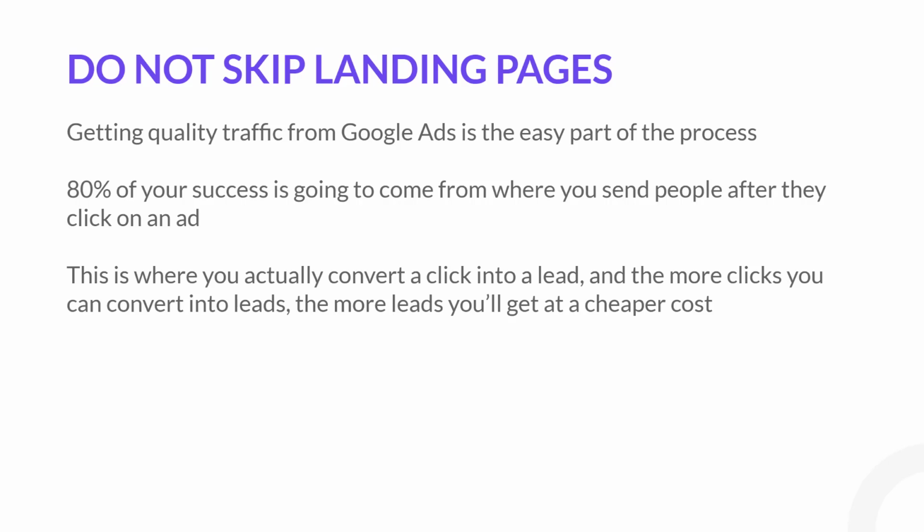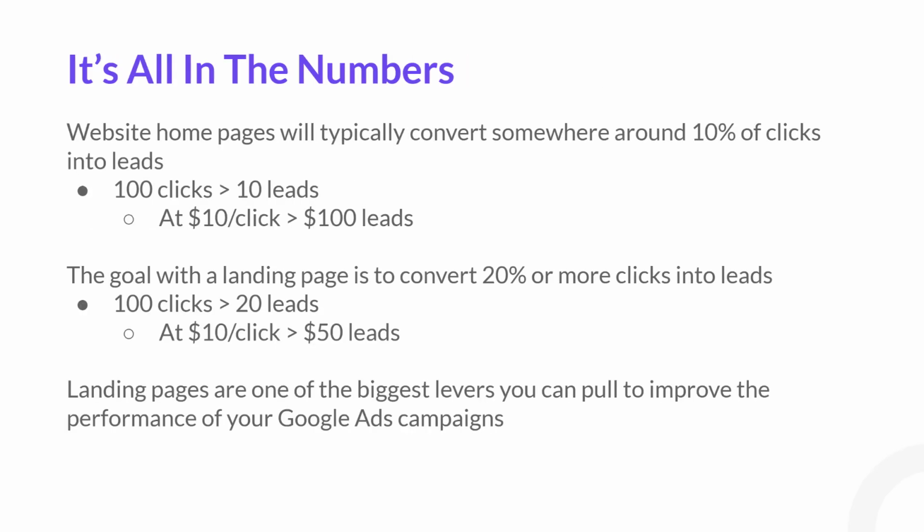And one of the best ways to convert traffic into leads is sending them to very focused, well-designed landing pages. And this is really where a lot of the money is made outside of optimization and all that other kind of stuff. This is where you actually convert a click into a lead. And the more clicks you convert into leads at a higher rate, the more leads you're going to get at a cheaper cost. Because really, it's all in the numbers when you're looking at landing pages versus website and all that.